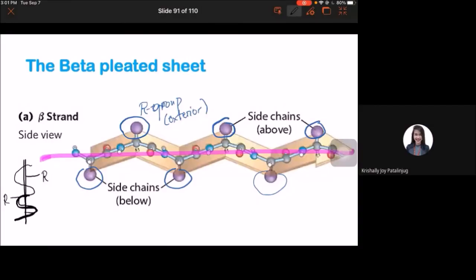Now, let me ask you, looking at the beta pleated sheet, yung mga exterior portion, mga R group yan. So, question, ano yung alignment ng R group to the axis of rotation in the beta pleated sheet? Is it parallel or perpendicular?